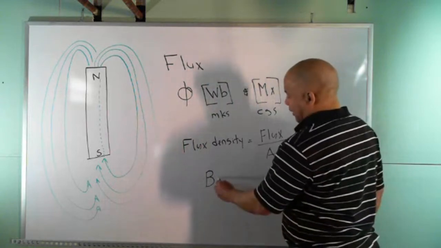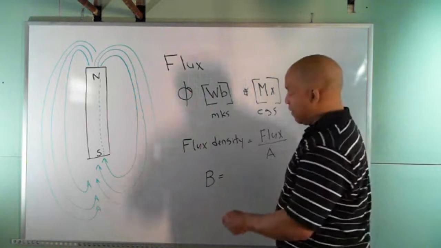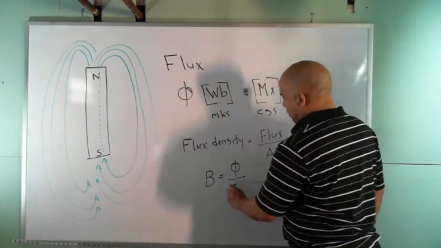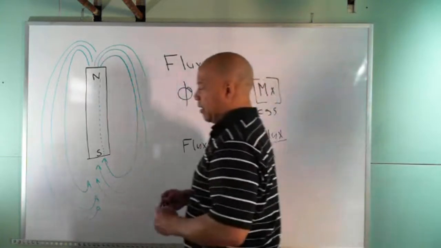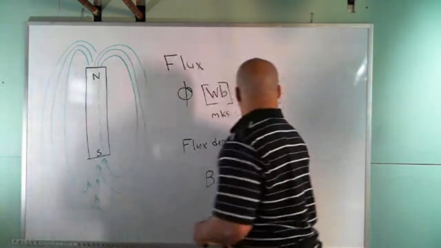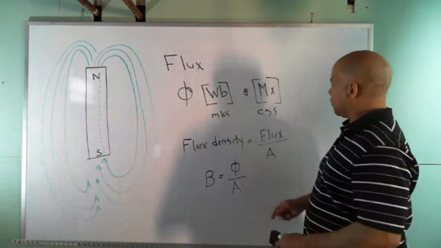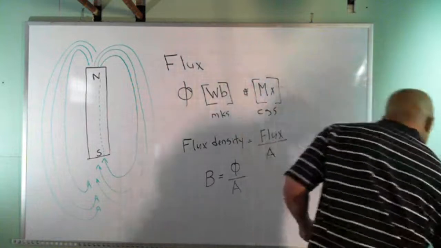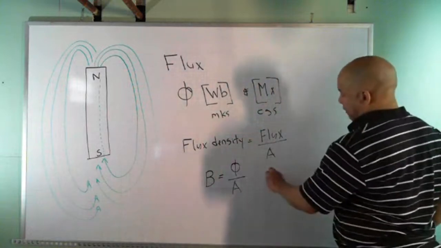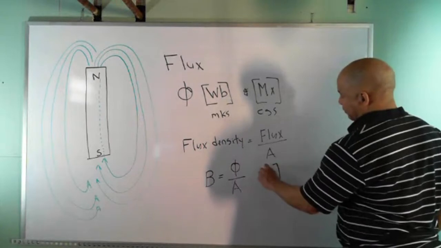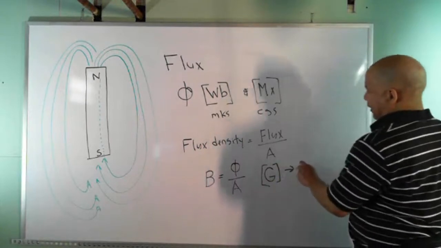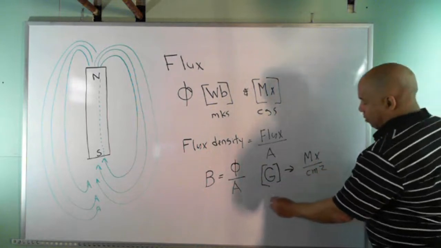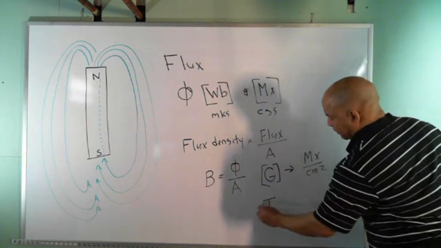And so the equation for flux density that you should write down, I think you may need this for your magnetism homework, will be the flux per unit area. And depending on whether we use Webers per meter squared or Maxwells per centimeter squared, we noted that flux density will have units of Gauss, and this Gauss is a Maxwell per centimeter squared, or you might have units of Teslas.